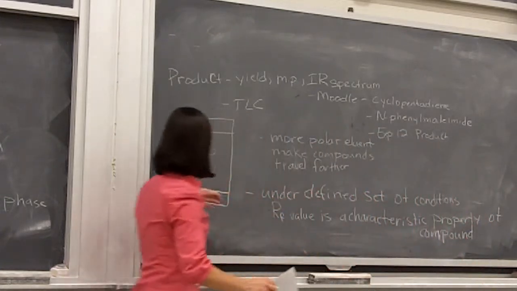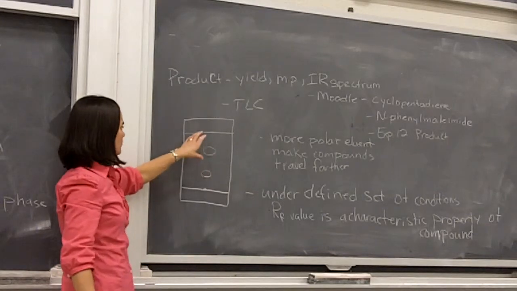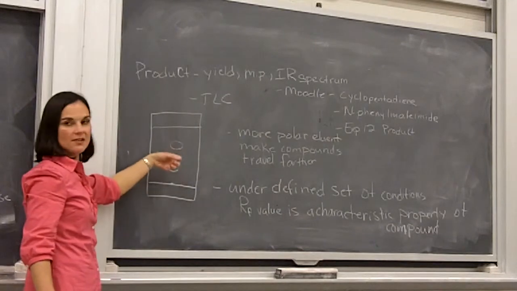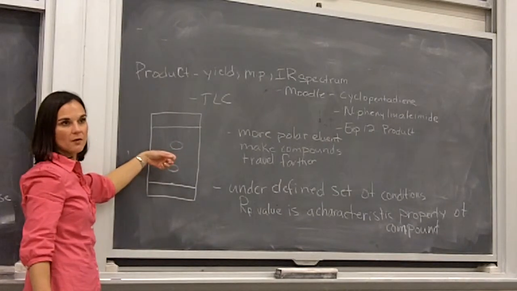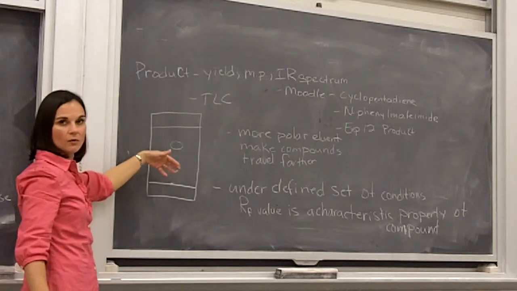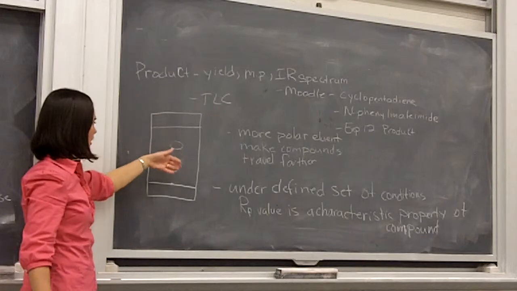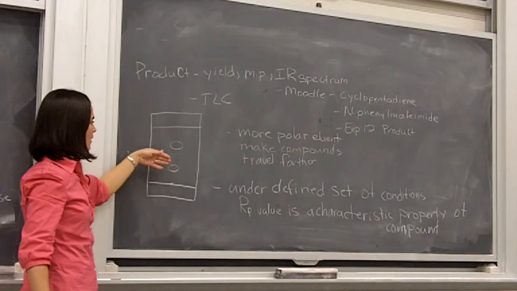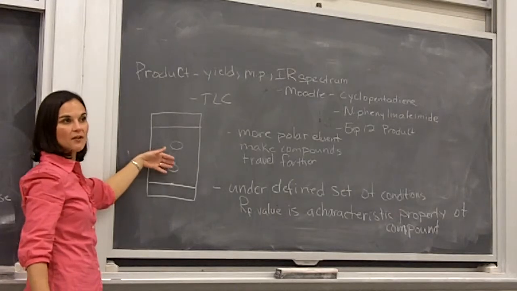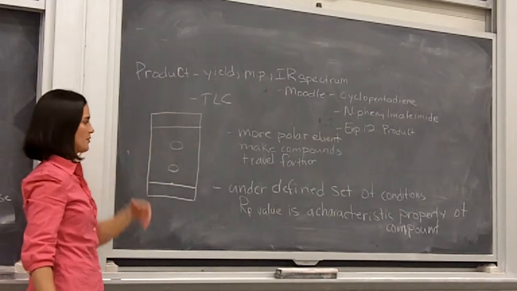So in the same eluent, we're comparing these two compounds. They have specific RF values in that eluent. Okay, and so that's what we're saying. For a defined set of conditions, you can use that RF value to characterize the different compounds, and you can talk about what their RF values are, and then you can compare their RF values to other RF values of compounds that you are using.